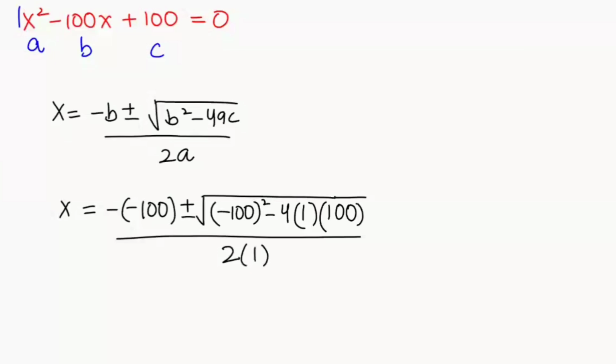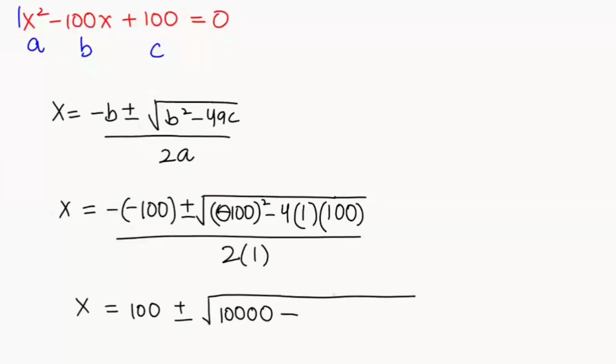We are going to simplify it further. So it will turn to x equals minus minus, which is plus 100, plus or minus root of, and as I multiply -100 times 2 times, it will turn to positive, and here we get 10,000 minus 400, over 2.